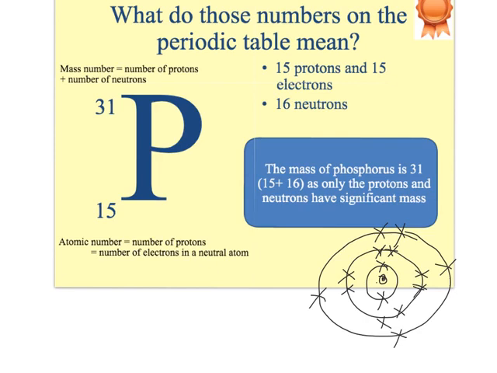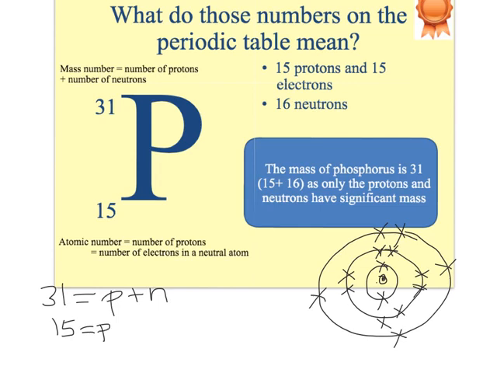The mass number is the other number on the periodic table. The mass number is the number of protons plus the number of neutrons. So what you can work out is that 31 equals protons plus neutrons, and 15 equals the number of protons.